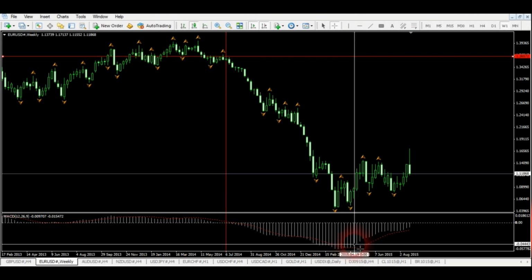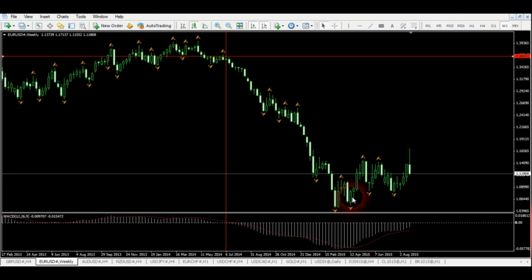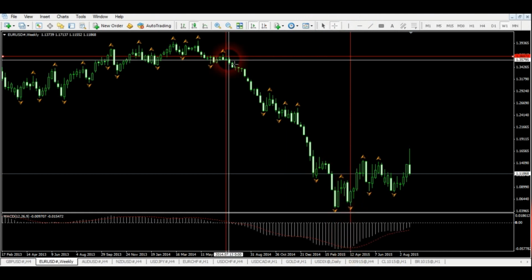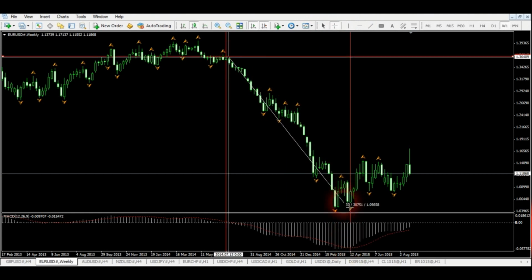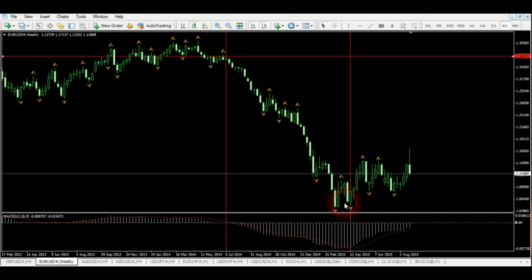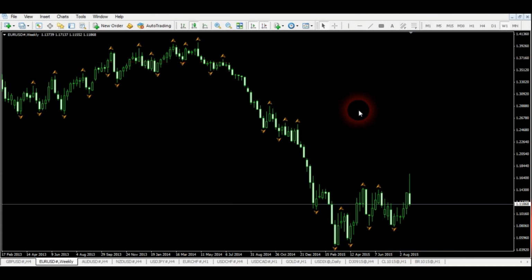In this zone, your bar is above the moving average. I had from here until here. If I want to get these pips, I could have a good trade with 3,000 pips. Okay, this is MACD.